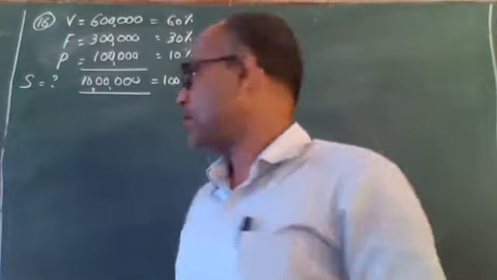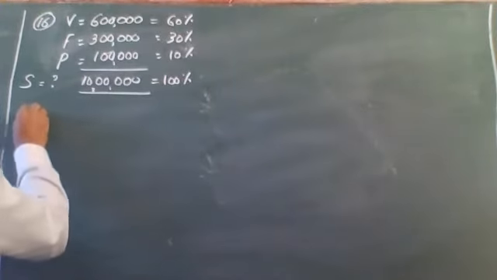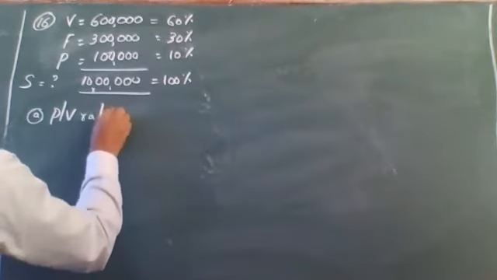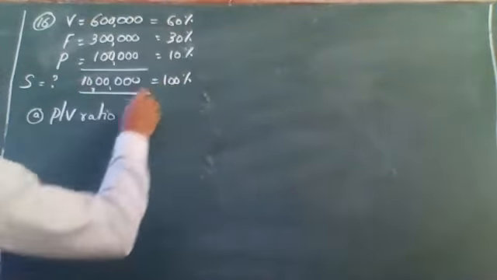He wants break-even point, PV ratio, margin of safety. So I'll try to first find out the PV ratio. PV ratio is how much? You need not even calculate, guys. I know sales percentage is 100%.